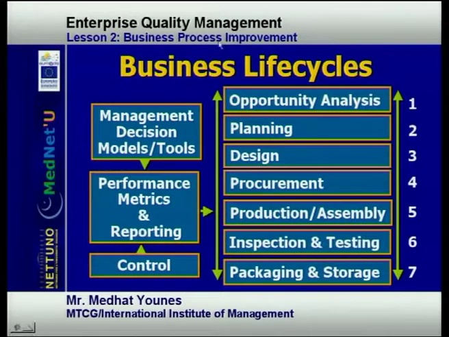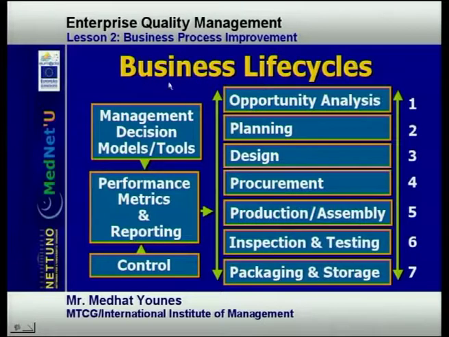This slide illustrates the 12 business life cycles that a telecom company needs to conduct in order to introduce a product into a market. Let's say the telecom company sells, in addition to the wireless services, cell phones directly to the customers.